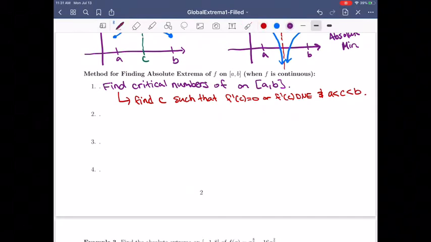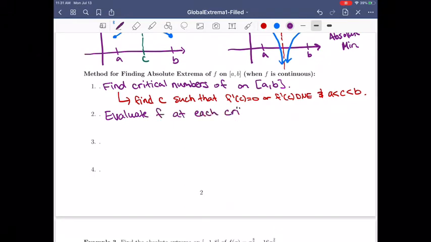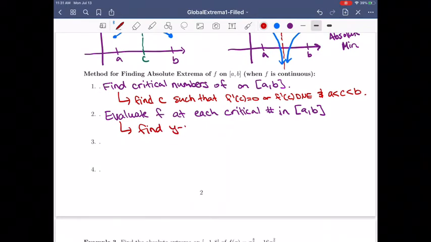Then we're going to evaluate our function f at each critical number that we found in the interval. So you're going to take each of the c's that you found and find the y values.